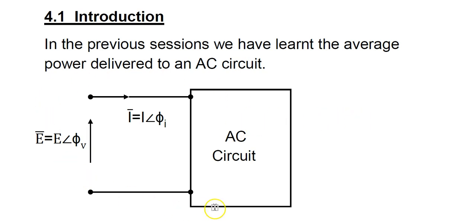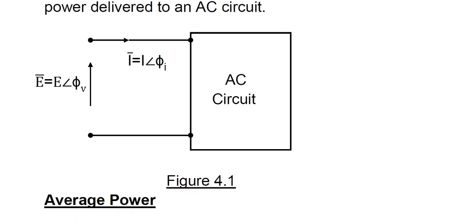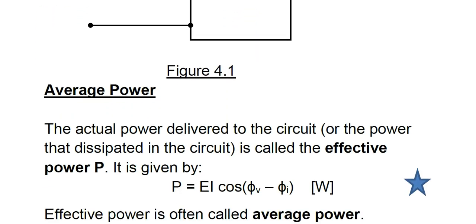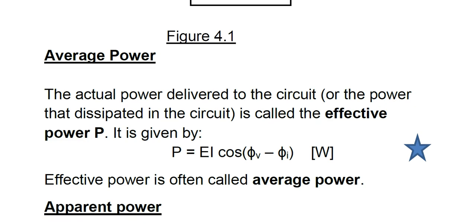An AC circuit is very typically drawn this way, where we are given a black box with some components inside, and we measure the current waveform given usually a fixed voltage waveform, which is most of the time the case. And from this, we can then calculate what should be the average power.